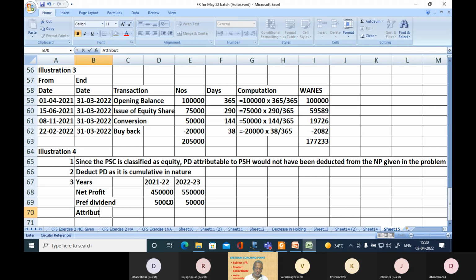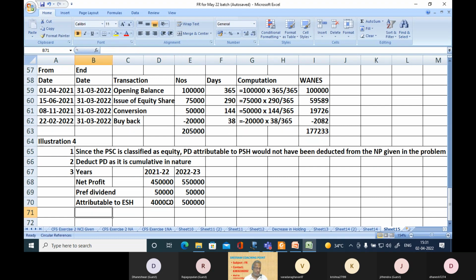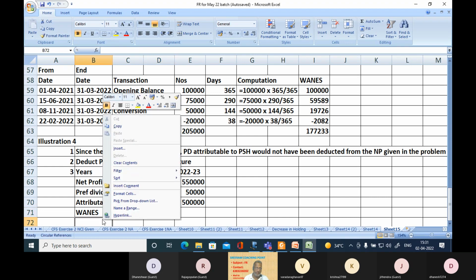Attributable weighted average number of equity shares. How much is that?